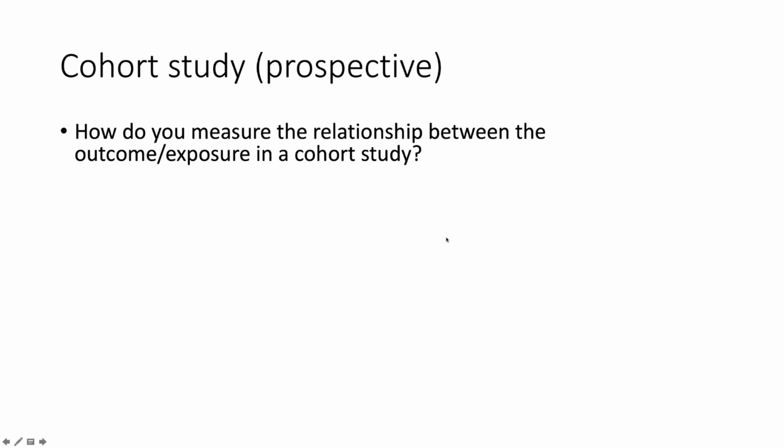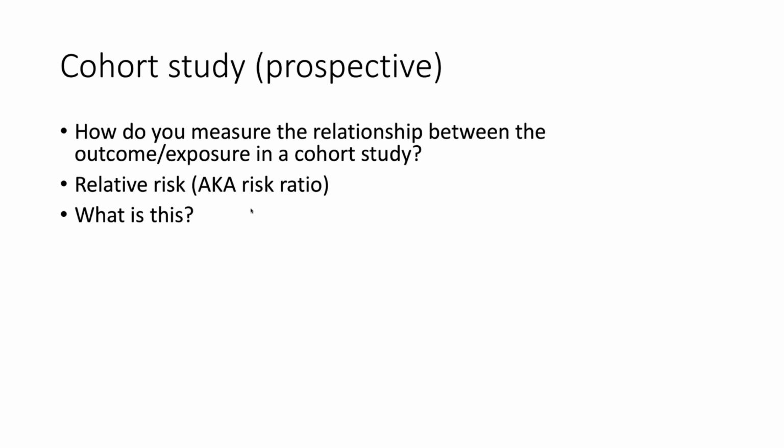Jasmine, how would you measure the relationship between the outcome and the exposure in a cohort study? Isn't there a relative ratio? Yeah, relative ratio, or I guess relative risk ratio. I think usually they say either relative risk or risk ratio. There's a lot of subtleties here, but these are essentially equivalent.